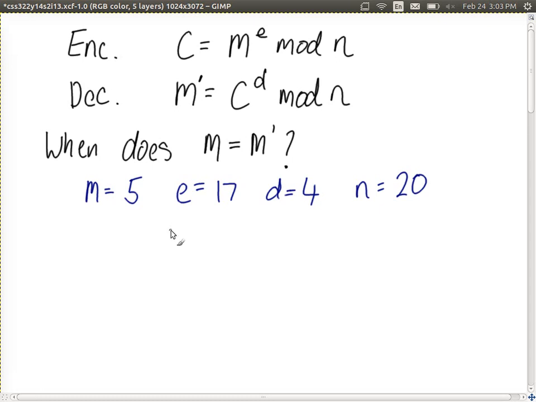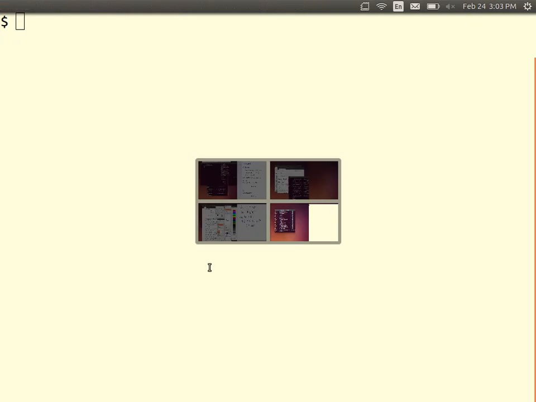So what do we get? C equals our value of M, 5 to the power of 17. That number's too big, we'll use the calculator. Mod 20.